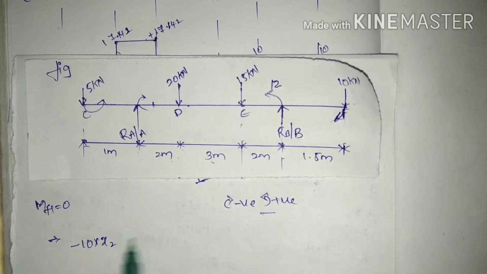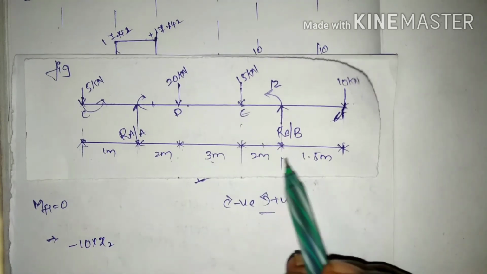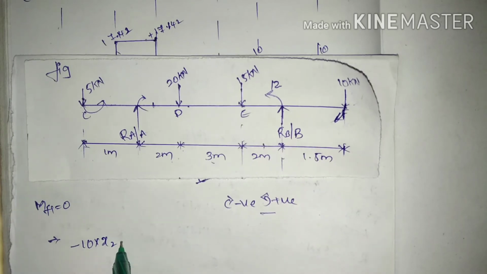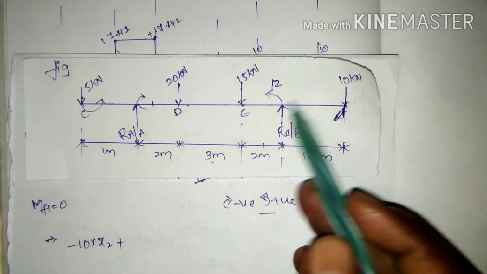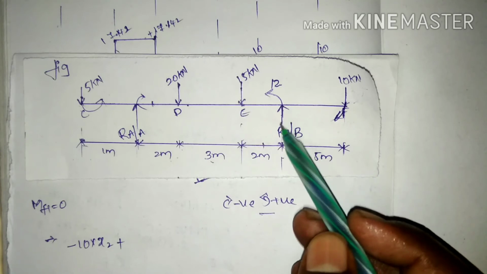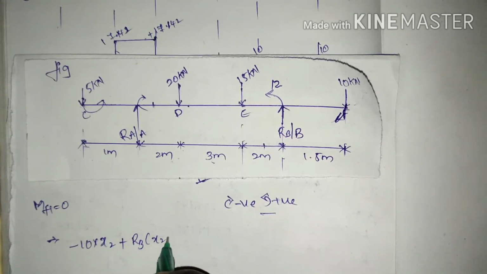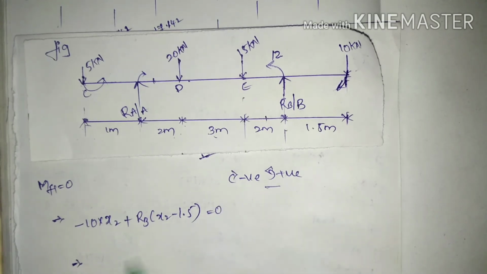From F to H we have x2 distance, and positive, we have the reaction RB at a distance of x2 minus 1.5 is equal to 0.